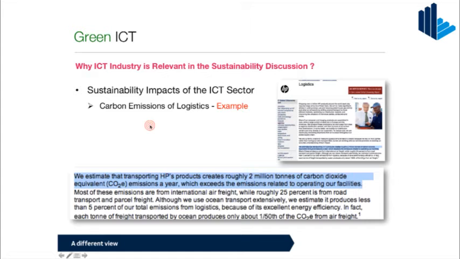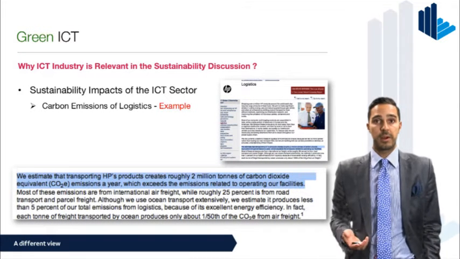website where they present and discuss their logistics activity, they say, I'm quoting, "We estimate that transporting HP's products creates roughly 2 million tons of carbon dioxide equivalent emissions a year, which exceeds the emissions related to operating our facilities." Now, this data is impressive, is remarkable.